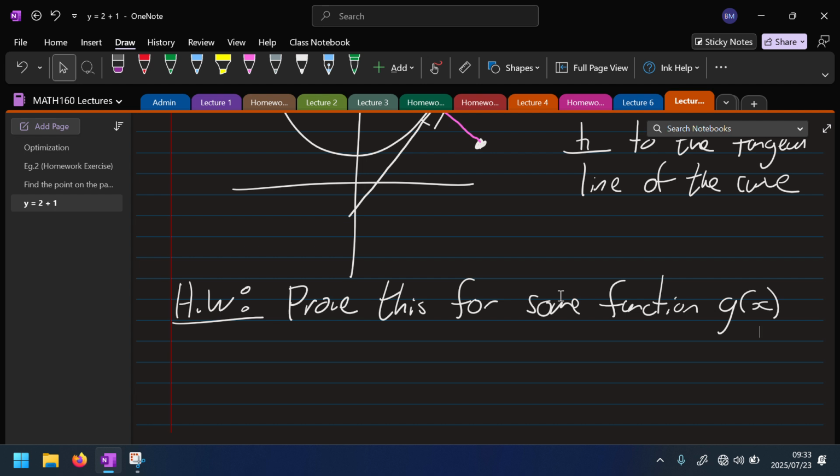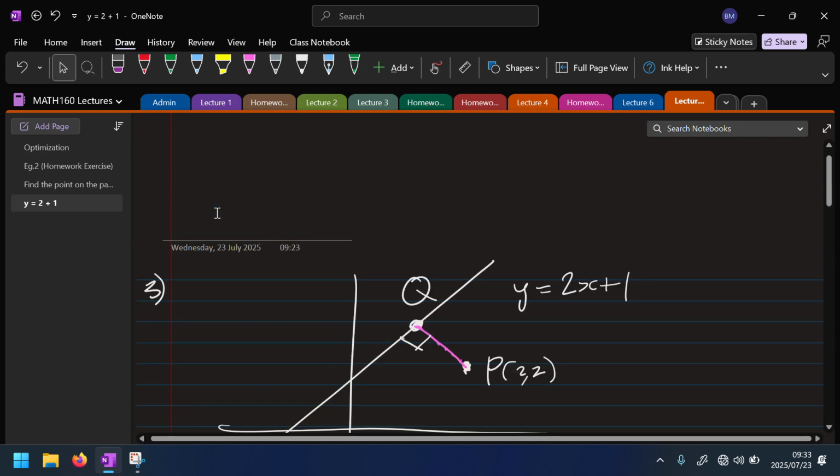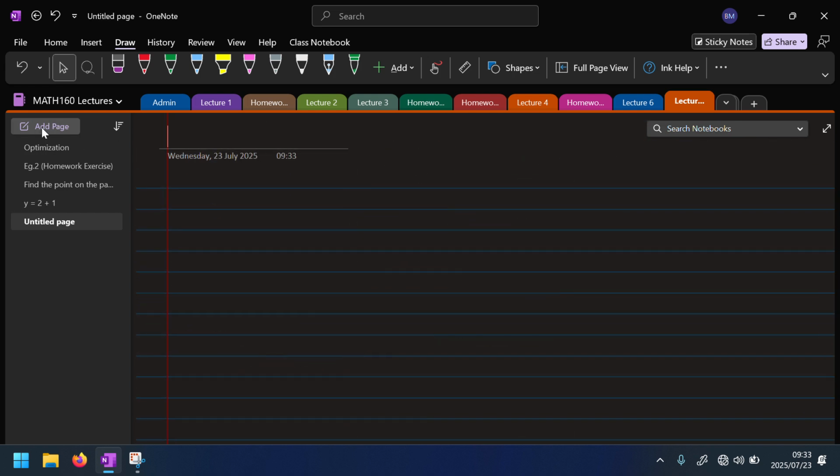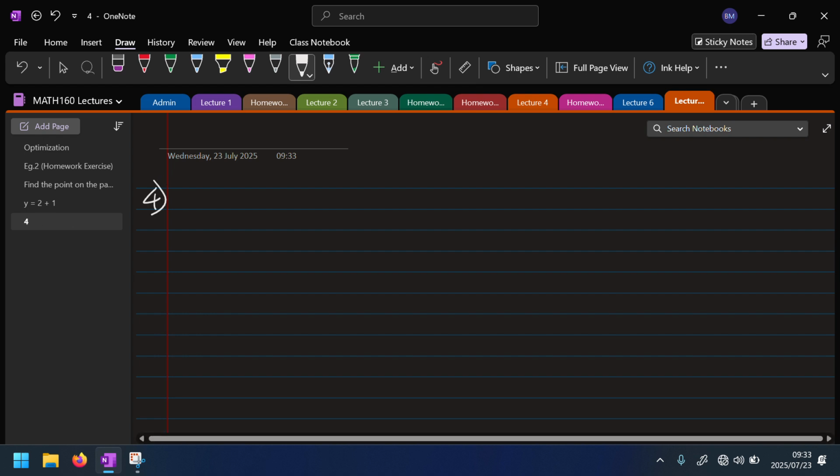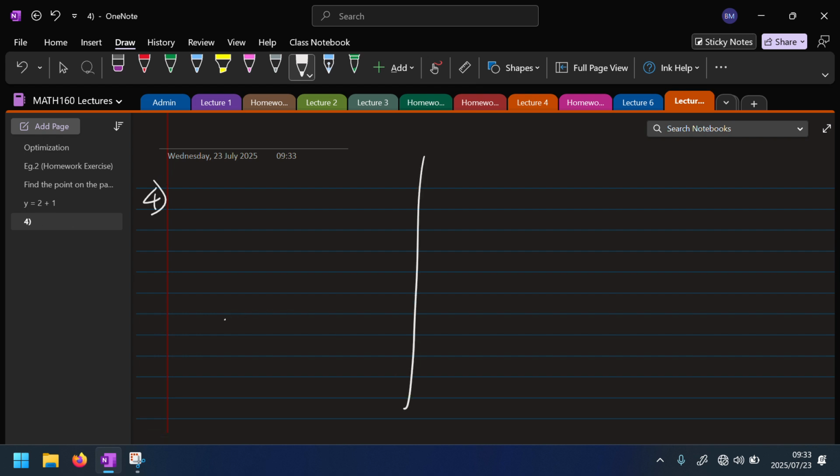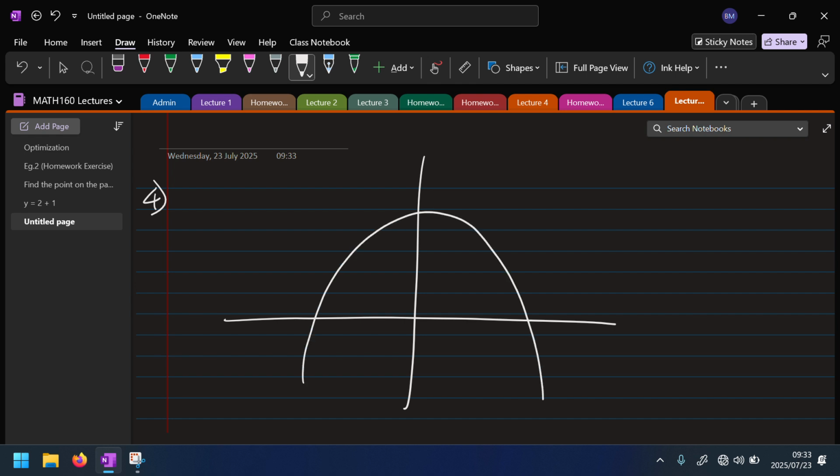You're all good. Okay. Last problem for today. Number 4. So we've got the following setup. We're going to have a sad face parabola like this, 1 minus x squared, so a sad face parabola shifted up.